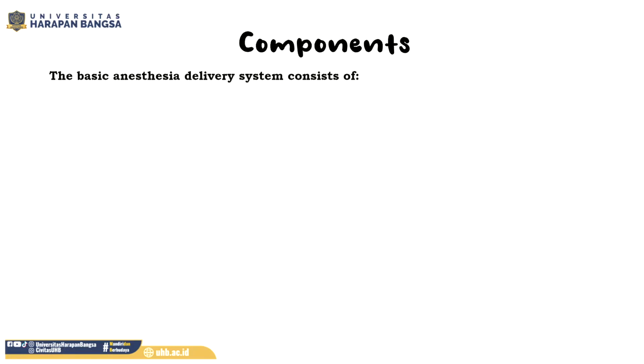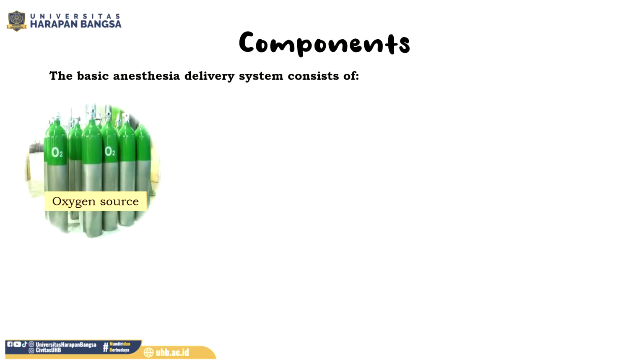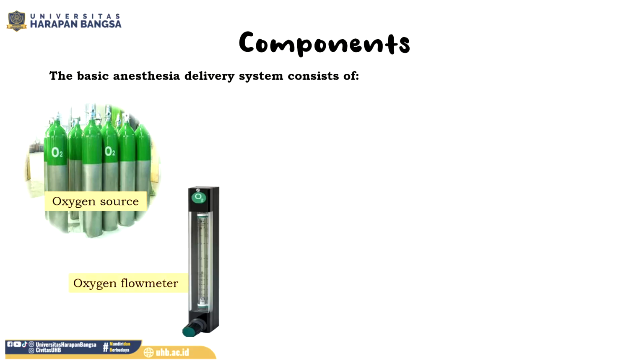Okay, now we go to the components. So the basic anesthesia delivery system consists of an oxygen source, that is a central distribution system to help breathing, and this is the oxygen flow meter.